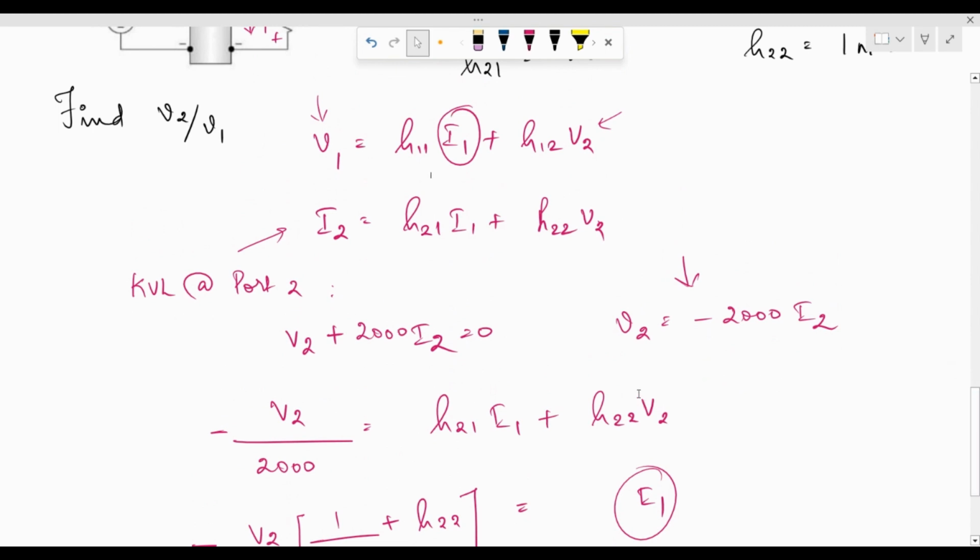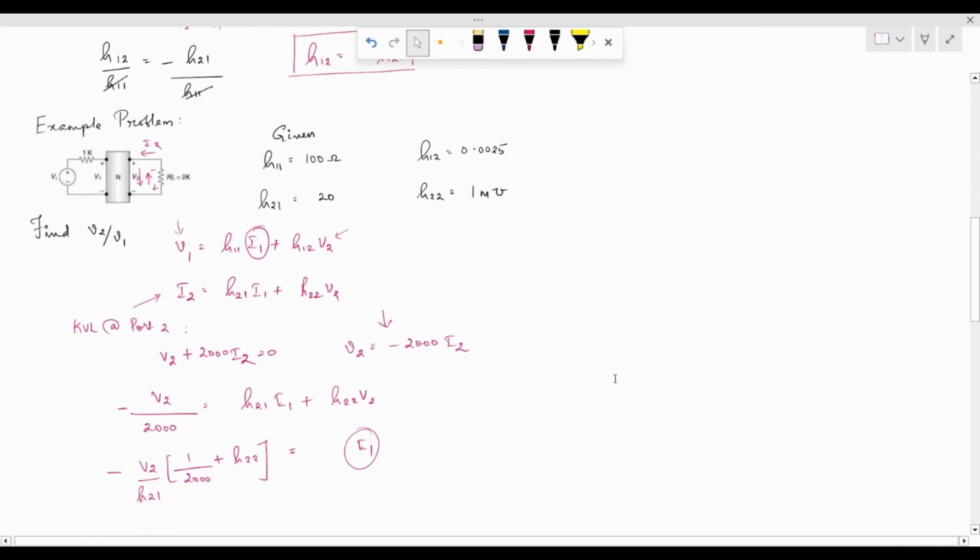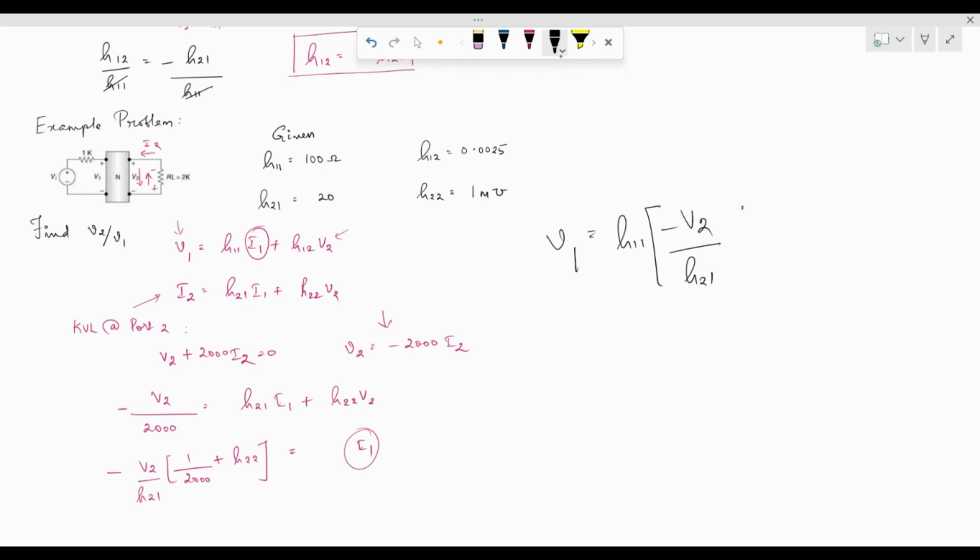Let me just write it as V1 is equal to H11 into minus V2 by H21 into 1 by 2000 plus H22. This is I1, right? Plus H12 into V2.